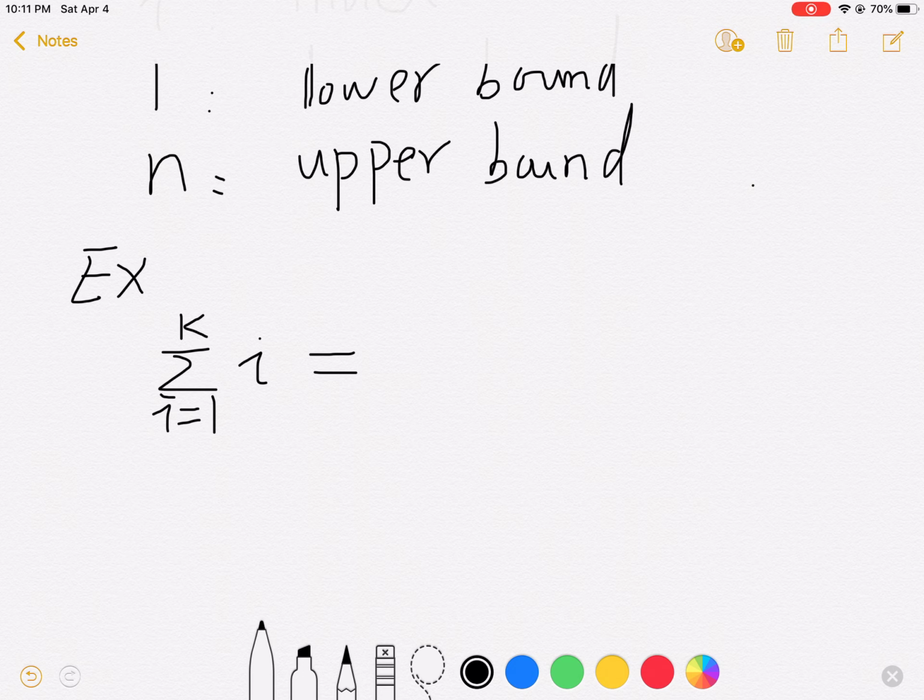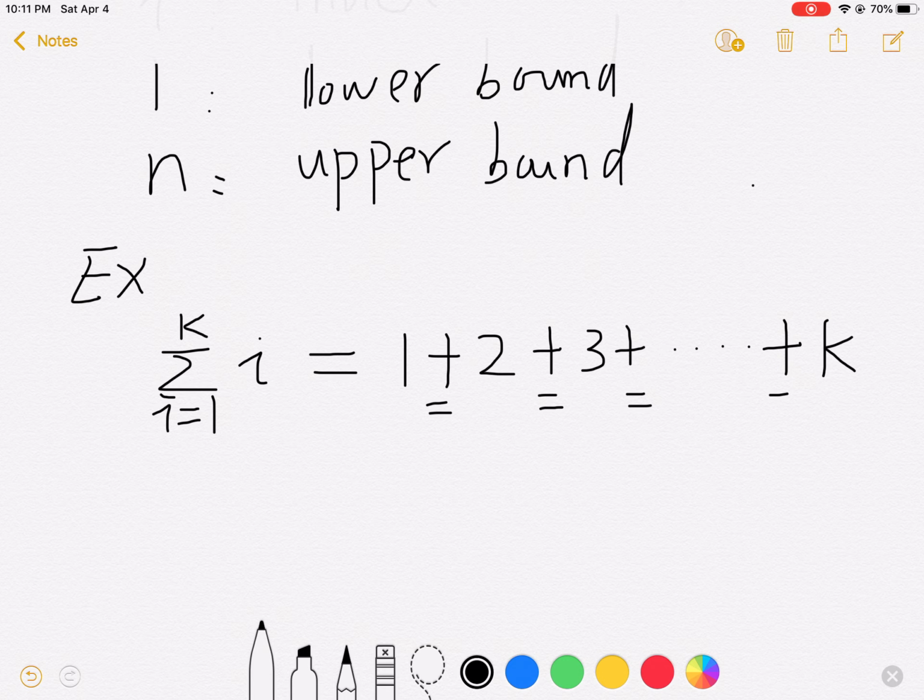So the first term, i equals 1, so here is 1, plus i equals 2, which is 2, plus i equals 3, so this would be 3, plus, and so on. The last term, i equals k, so here is k. So you see the relation between each term is the summation.